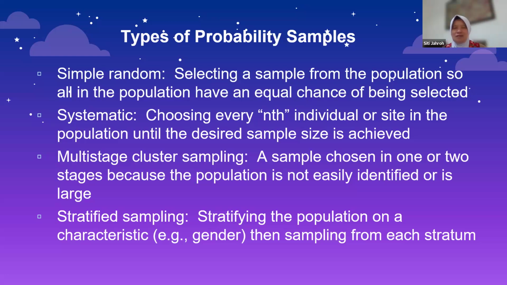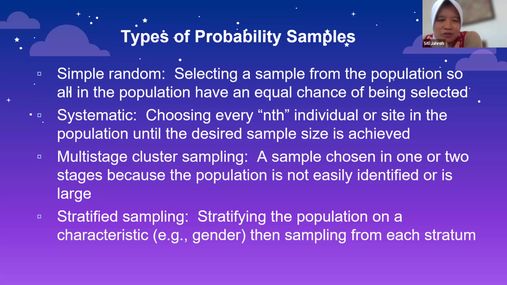Or every second: the second, the fourth, the sixth, until you fulfill the number of the sample. If I would like to take 20, you systematically choose the second or the third, the nth; the n depends, until you get the sample size.